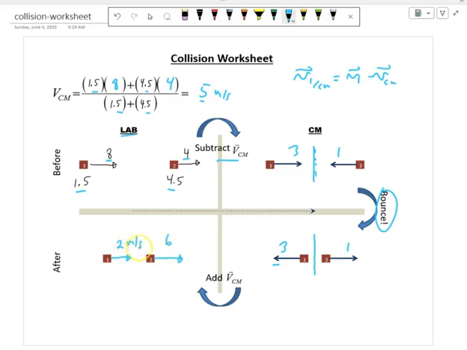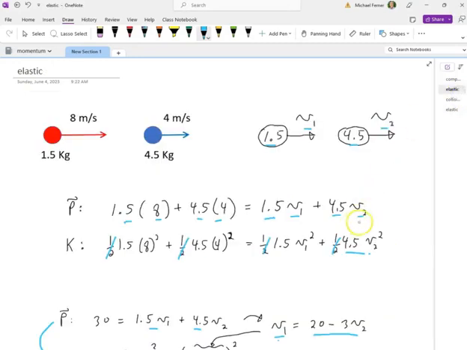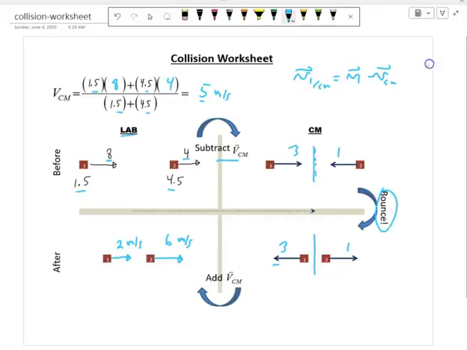So I have my velocities that we also found with the kinetic energy conservation. The first mass moving at 2, the second mass moving at 6 meters per second. But the beauty of the worksheet is that we only used arithmetic, no algebra.